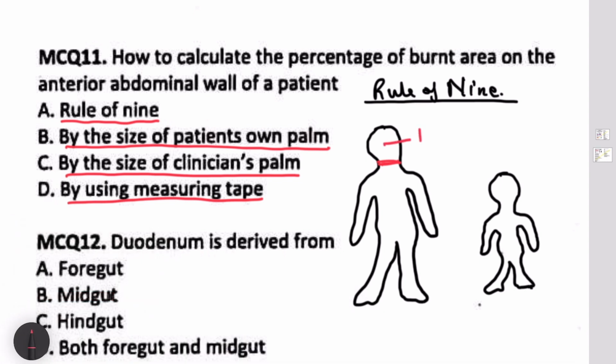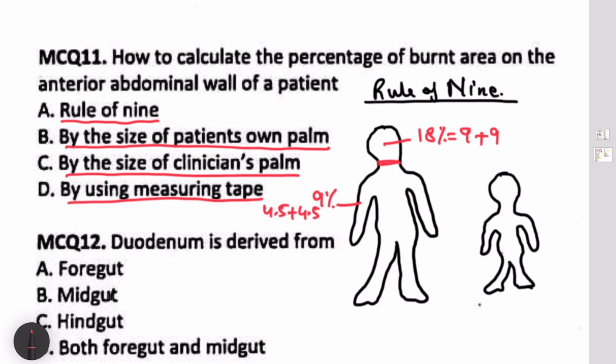It is actually 18%, which is equal to 9 plus 9, front and back of the head and neck. Upper limbs is actually completely 9%, and this is actually 4.5 plus 4.5%.